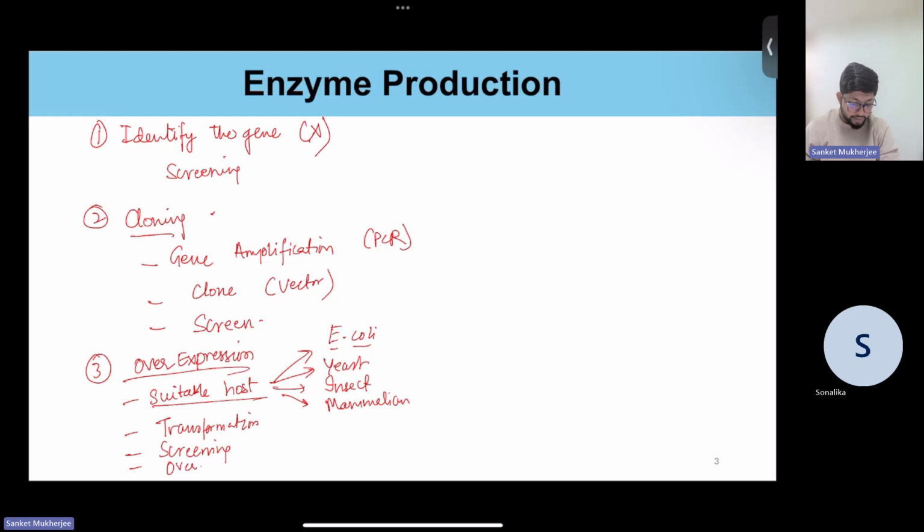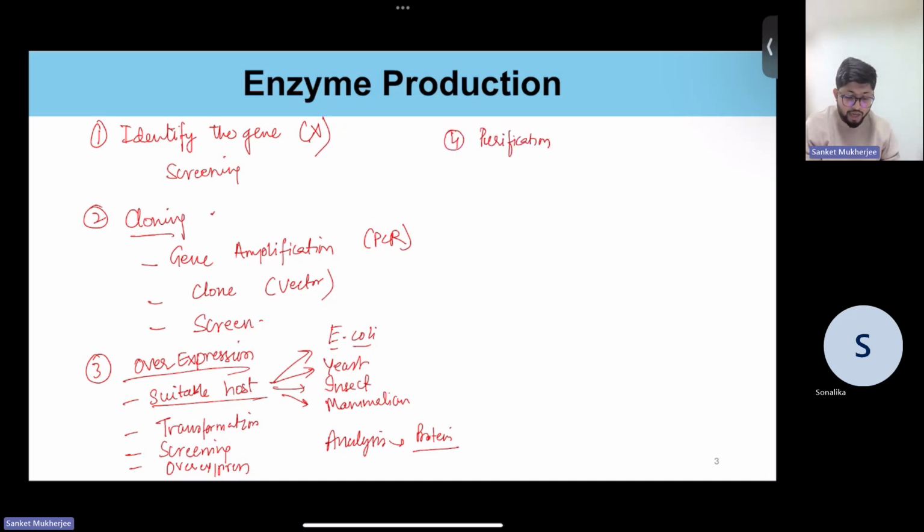Then you can overexpress them and you can go for analysis where you will find whether your protein is present or not, whether it is expressed properly, whether it is being folded properly, whether it is in a form where it is soluble and functional. These kinds of things are very important. Then we go for purification.